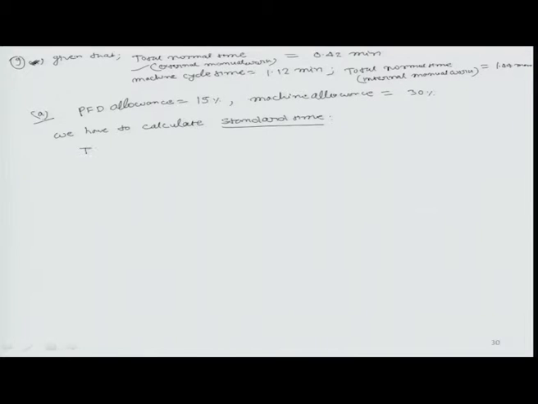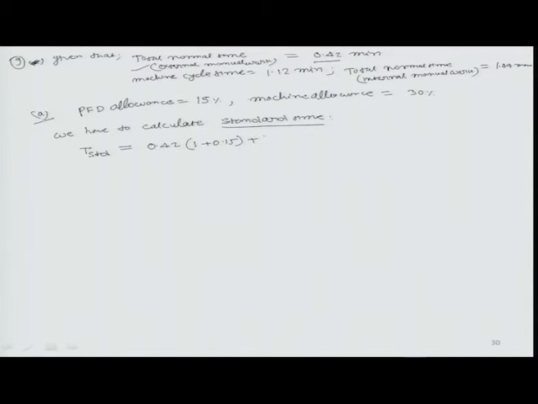So, the standard time, T standard, is equal to, now see, first we will include the total normal time for external manual work, that is 0.42 minute, multiplied with the PFD allowance, means 1 plus 0.15.